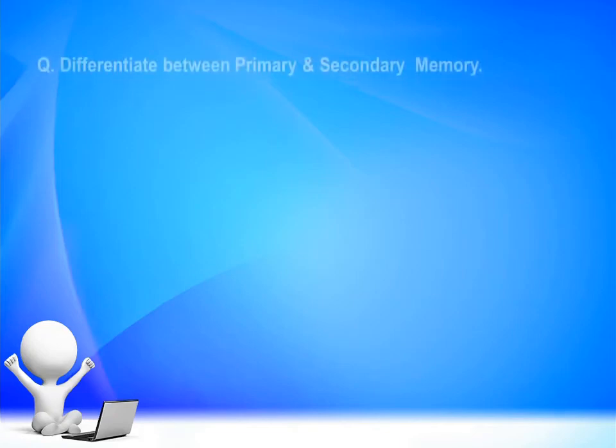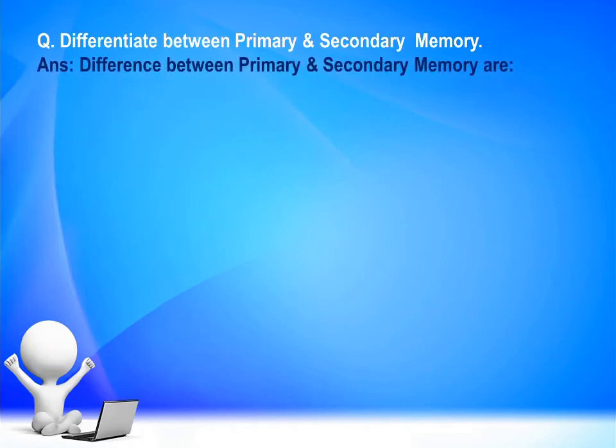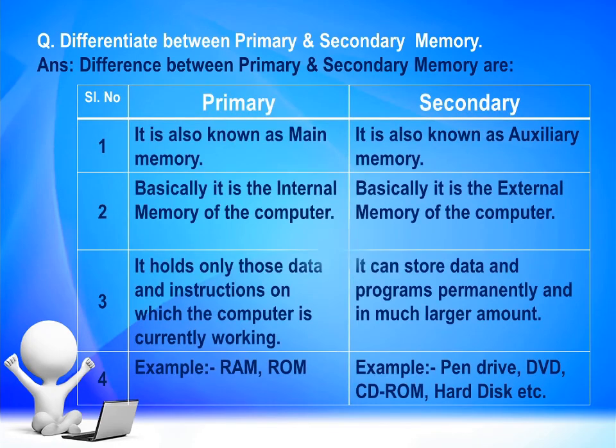Now, next question is differentiate between primary and secondary memory. It's very important, children. The difference between primary and secondary memory are: first point, primary memory is also known as main memory, whereas secondary memory is also known as auxiliary memory.